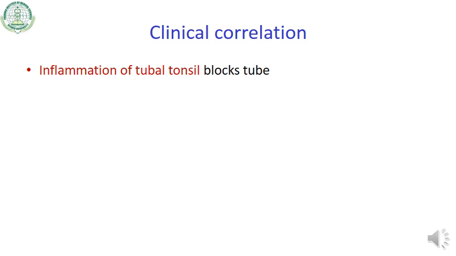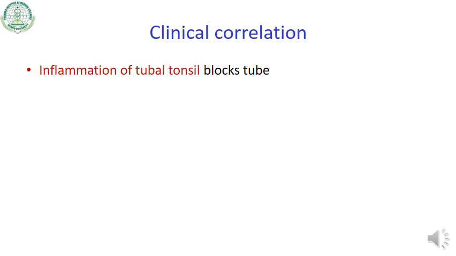Clinical correlation or applied anatomy of the pharyngotympanic tube or the auditory tube. The inflammation of the auditory tube, which is also called Eustachian catarrh, C-A-T-A-R-R-H, Eustachian catarrh, which is usually secondary to an attack of common cold or sore throat, which is commonly occurring.